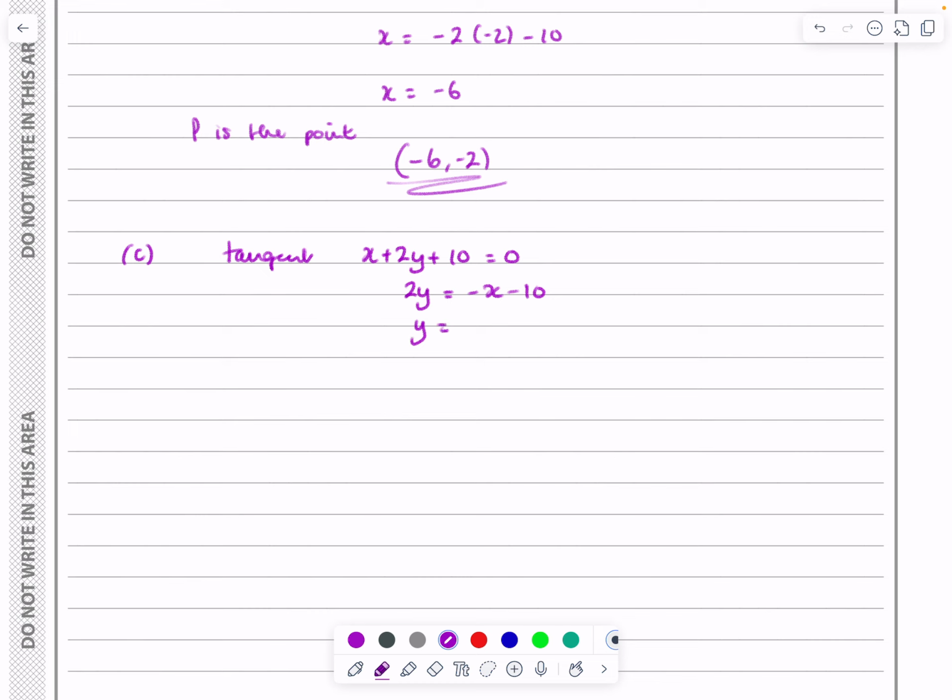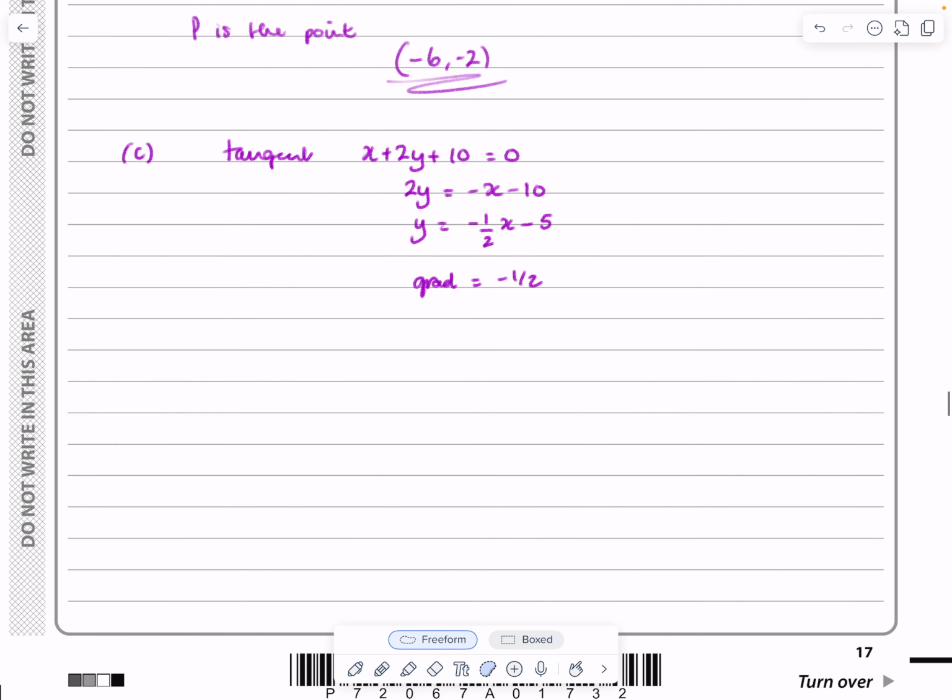So y is, dividing everything by 2, minus a half x minus 5. Because it's in that format now, I know the gradient is equal to minus a half. So the gradient of the tangent is minus a half. So the gradient of the normal is minus 1 over that, and minus 1 over a half is equal to 2.